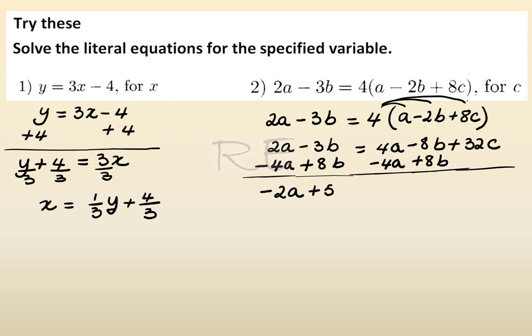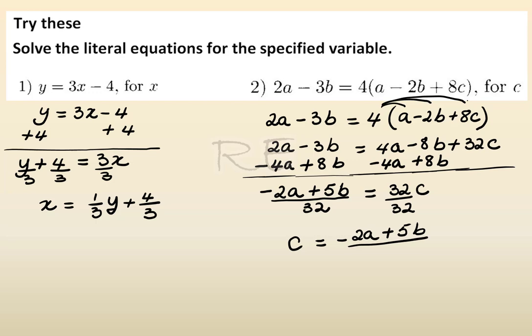Negative 3b plus 8b, positive 5b is equal to 32c. We divide both sides by 32, and c is equal to negative 2a plus 5b over 32.